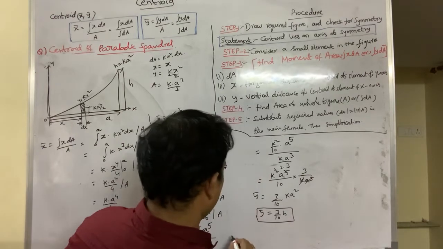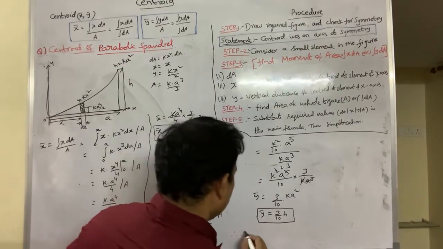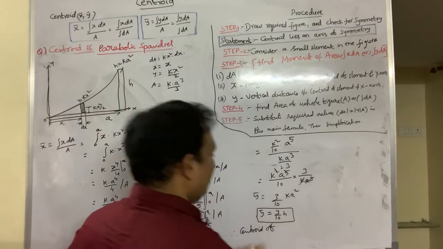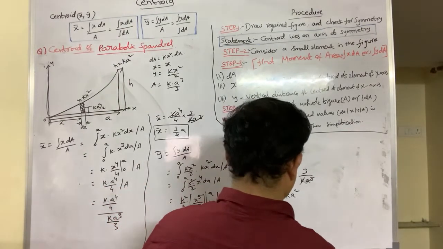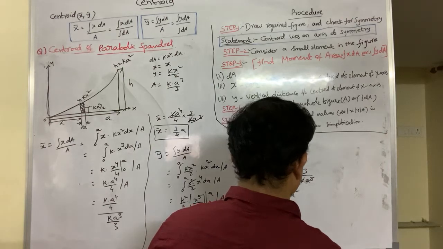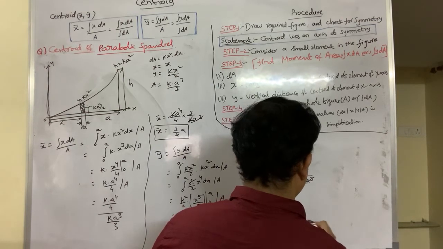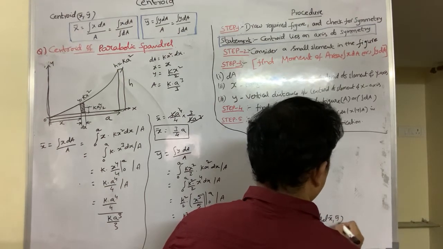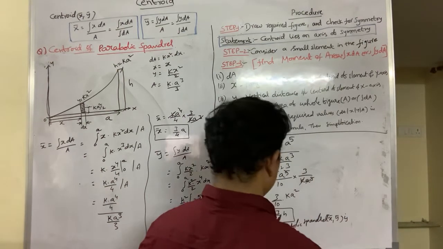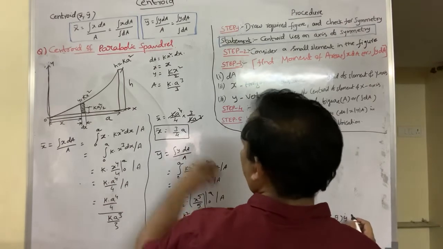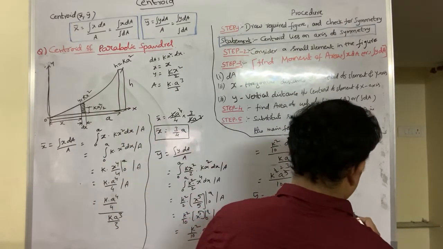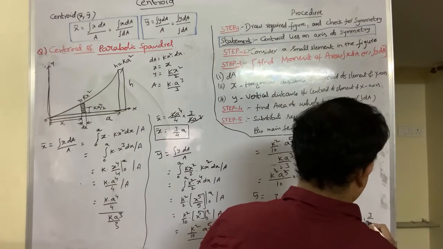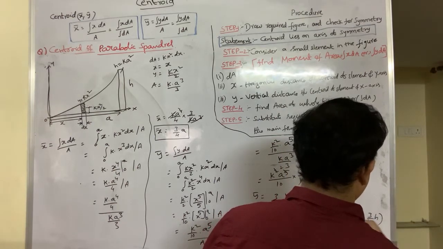So finally our statement would be like this: the centroid of a parabolic spandrel, x bar comma y bar, where x bar is 3 by 4 a comma 3 by 10 h.